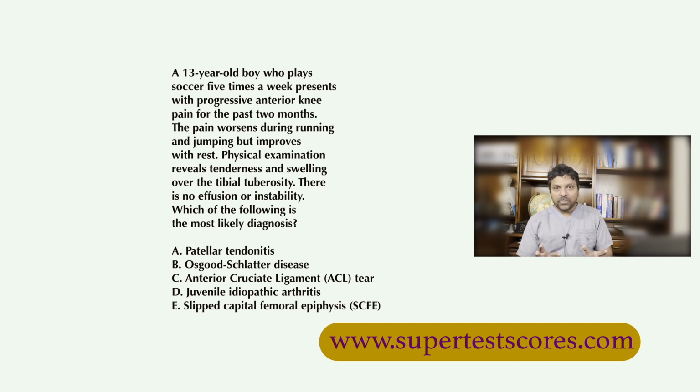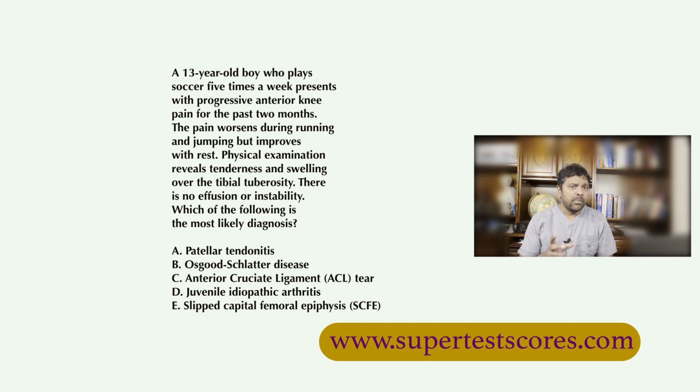So whenever you see that word, tibial tuberosity, you should think about Osgood Schlatter disease. Now, Osgood Schlatter disease is a traction epiphysitis of tibial tuberosity, common in adolescent athletes due to repetitive quadriceps contraction.